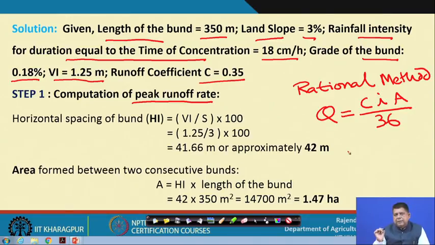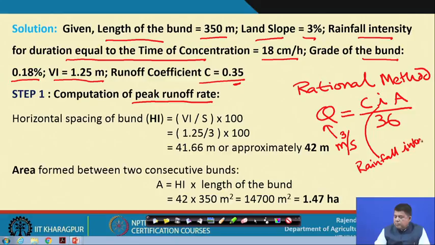Also remember, when we discussed this formula, we said that there are certain units which we should always remember. In this case Q is in cubic meter per second, C is the runoff coefficient, the value given here is 0.35, and I is rainfall intensity for duration equal to time of concentration, exactly the data which is already given.